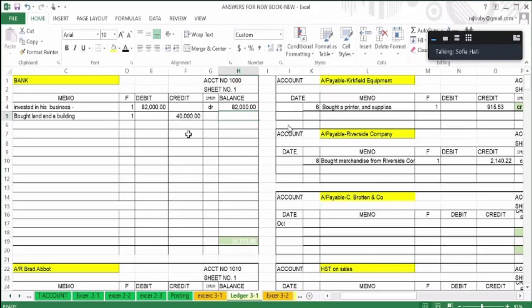Then press enter, your answer will be there. Then next, when you're doing the next line, you can copy the same formula, then it will automatically come. You don't have to. Okay.